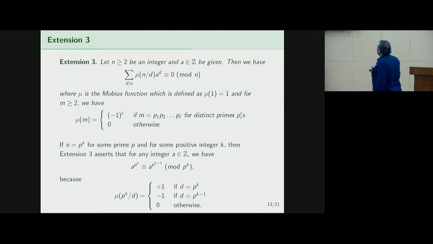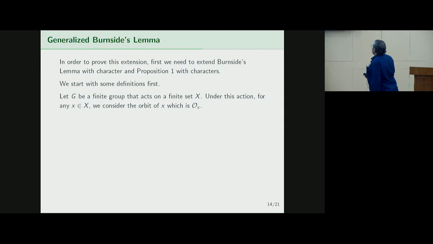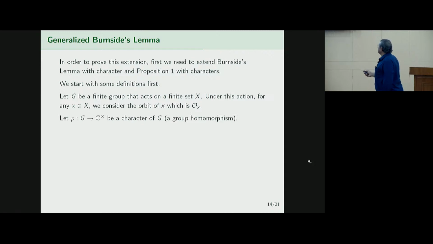So in order to prove this, we want to extend the Burnside lemma to a character version. First we need to extend the lemma with a character, and Proposition 1 also with a character, then we apply the same pattern. Let G be a finite group that acts on a finite set X. Under this action, for any x, I am just changing the notation because I would have to keep writing orbit n number of times: Ox is nothing but the orbit of x.